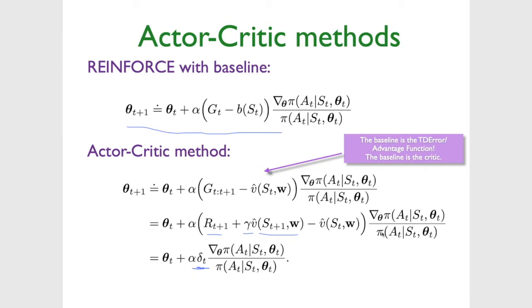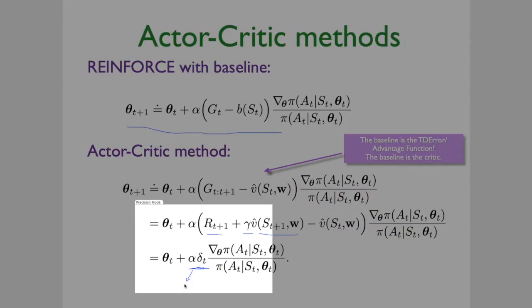And then you have some gradient of the policy, and that's what's used to figure out what direction every particular weight in your policy should go. But this weighting of learning rate times delta, which is the advantage function, tells you whether it's good or not, right? Alpha is telling us how fast to learn. Delta is telling us whether the action itself was good or bad.